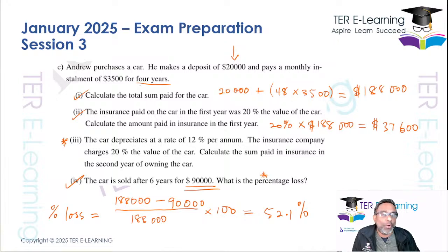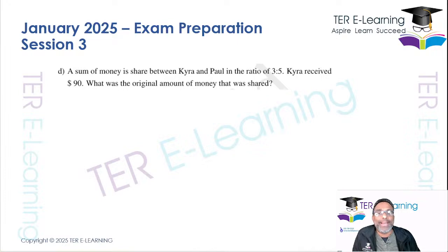We just have one more part to complete this question. A sum of money is shared between Kyra and Paul in the ratio 3:5. Kyra received $90. What is the original amount of money that was shared? So let's put K and P, and the ratio is 3:5.